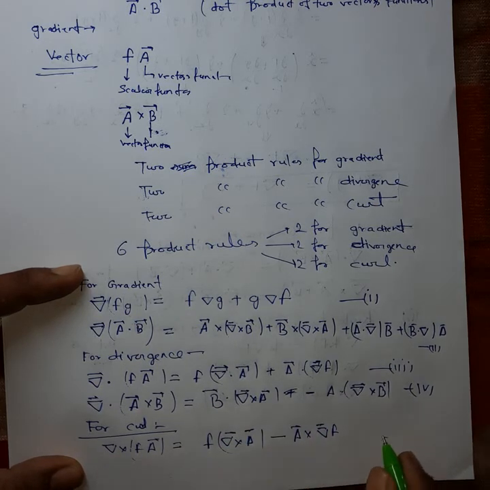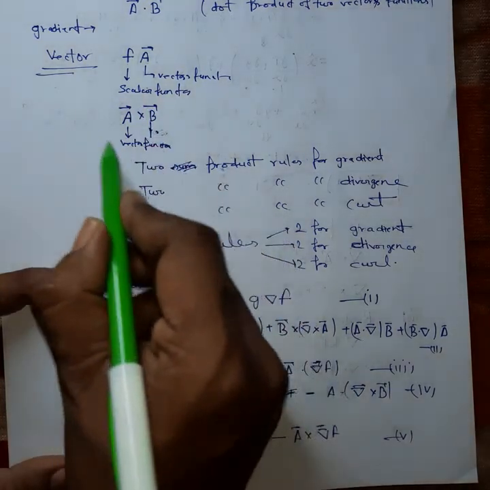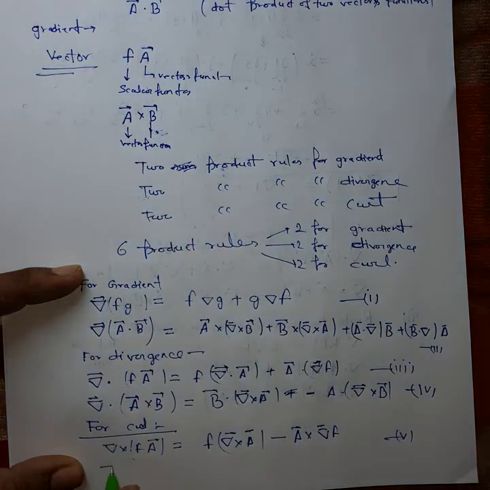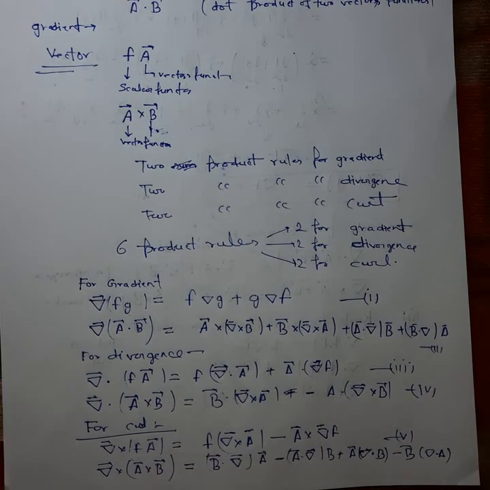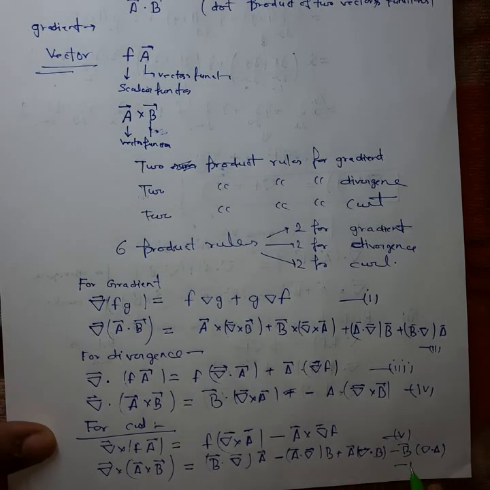So this is your fifth rule. Now the curl for the product of 2 vector functions can be written as follows, so you see here, this is your sixth rule.